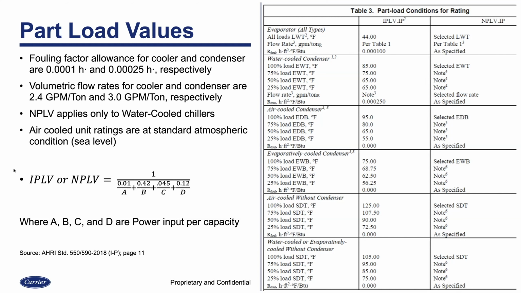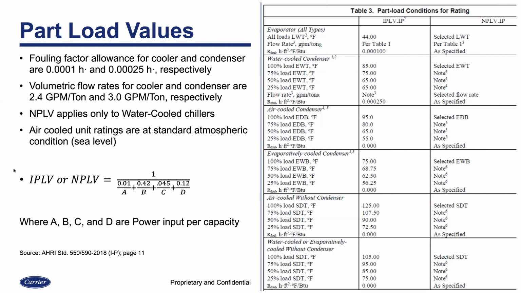So once again, if a water-cooled chiller is to run at other than those conditions, I mean, other than the AHRI 550/590 standard or under IPLV, then it is considered to be running at non-standard values. In other words, this NPLV, which once again stands for non-standard part load value, is calculated based upon specific site conditions.